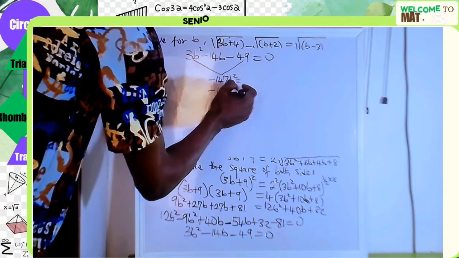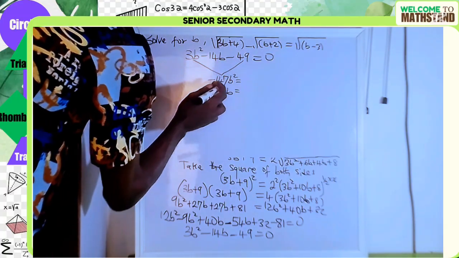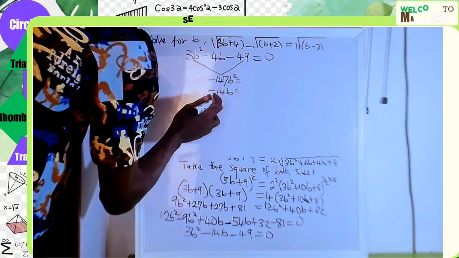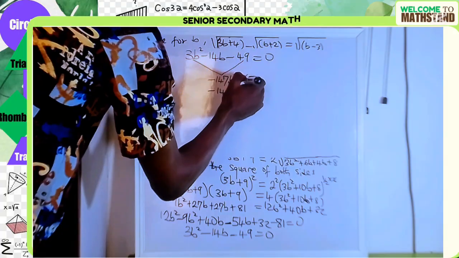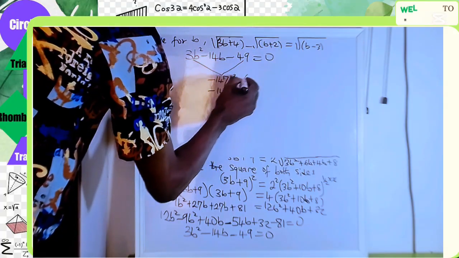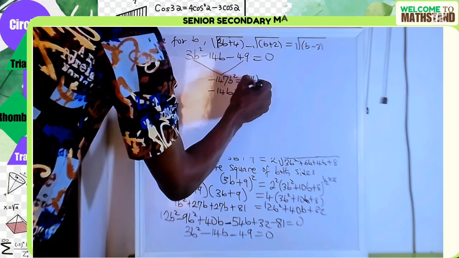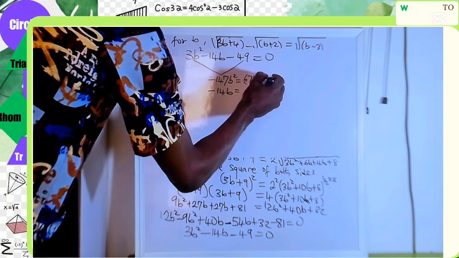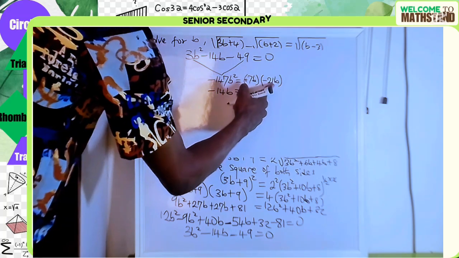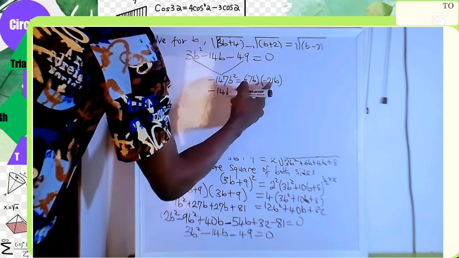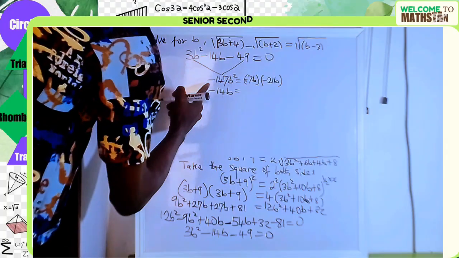So let's look for two terms that when we multiply them, we have minus 147b squared, but when we add them, we have minus 14b. I think those numbers will be plus 7b times minus 21b. b times b is b squared, 7 times 21 is 147, and plus times minus will be minus.